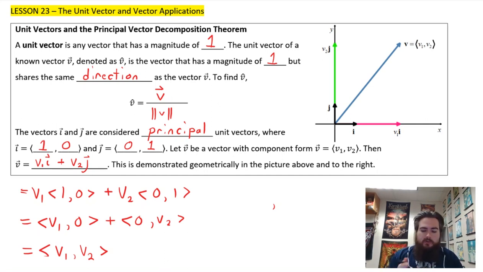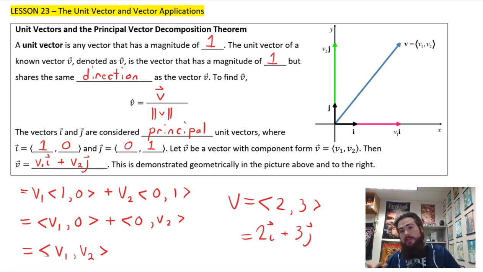So if you prefer to write, for example, a vector 2, 3 in that component form, and that is your answer, that should be okay. But if you prefer to write this in unit vector form, which would look like 2i plus 3j, this is also okay.